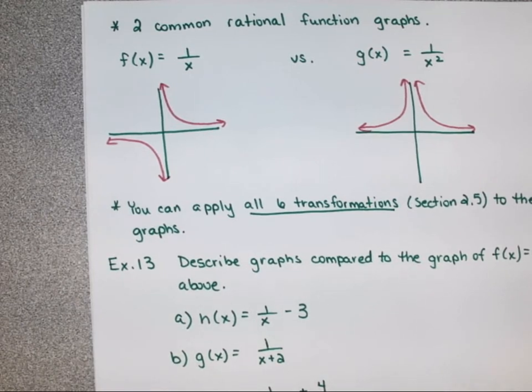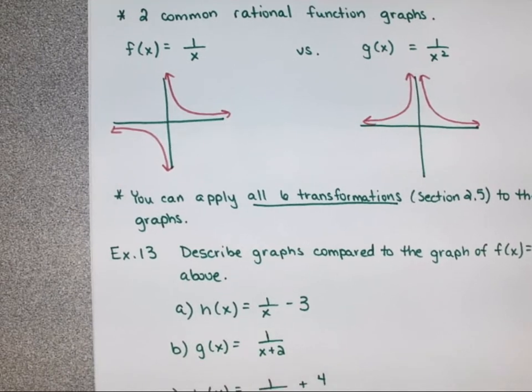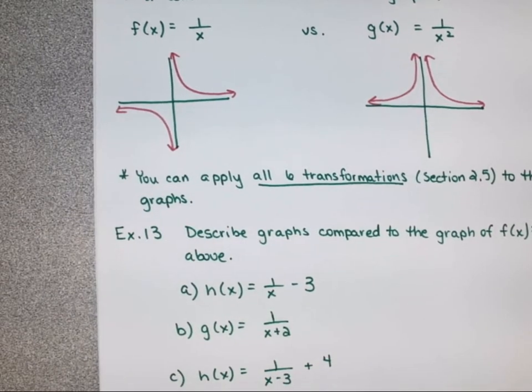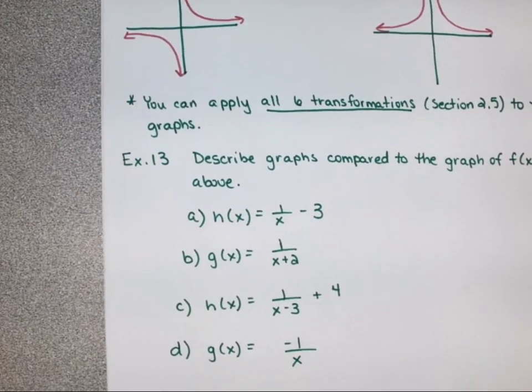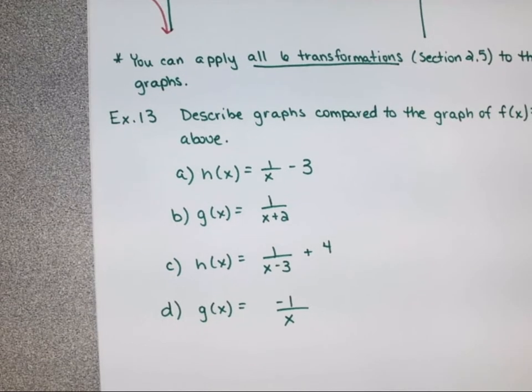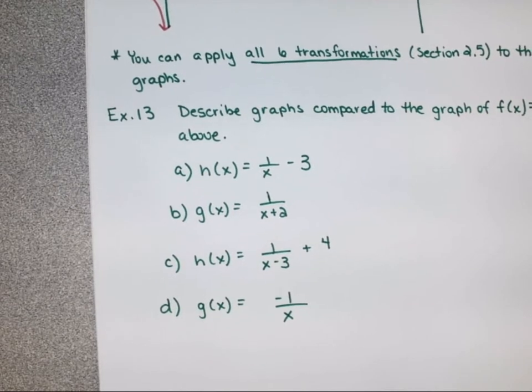And this is not all of them, but it's a good start. So when I say describe, I don't really expect you to sketch it. I just expect you to explain to me what's different.